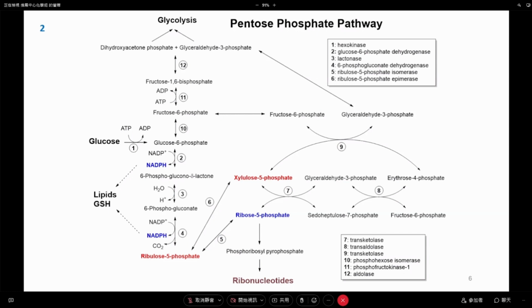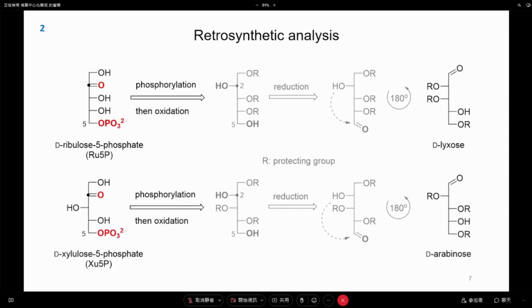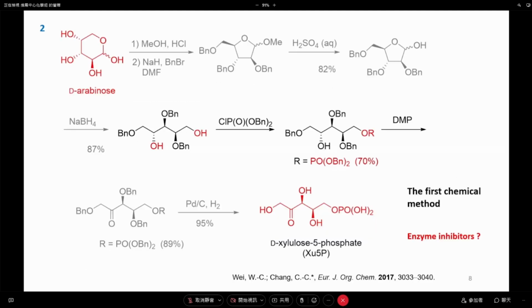But for me, I'm a synthetic guy. We wish to use chemical synthesis according to retrosynthetic analysis. This is why ribose 5-phosphate could be prepared from D-ribose, and xylulose 5-phosphate could be prepared from D-arabinose. And this is the synthesis here.